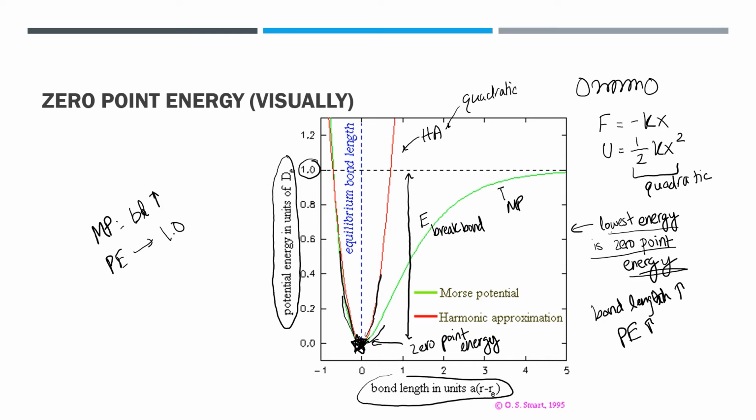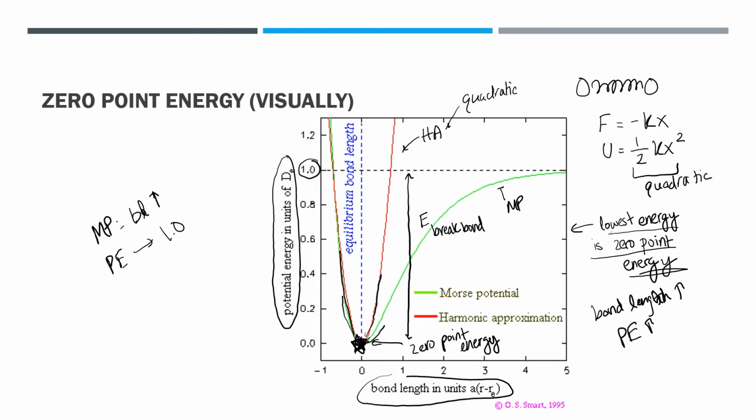But with our Morse potential, as we increase our bond length, as we pull these atoms really, really far apart, the potential energy doesn't really go to infinity. It sort of asymptotes out. And why is this? Because when I pull the atoms really, really far apart, there's not really an interaction anymore, right? The spring is basically gone. Our spring that was holding these atoms together, our bond per se, is kind of broken, right?